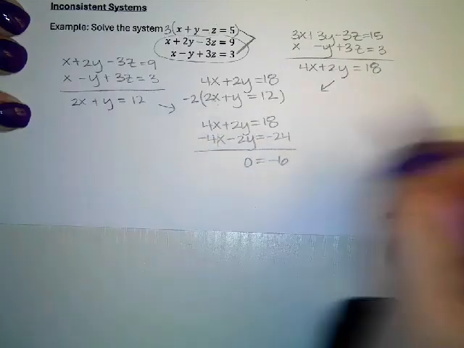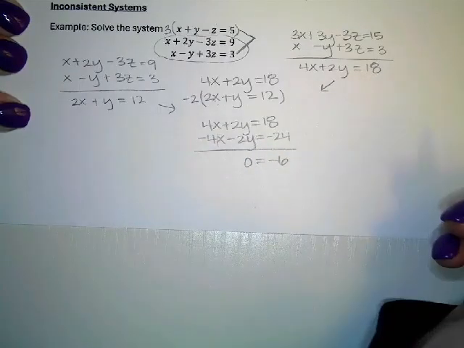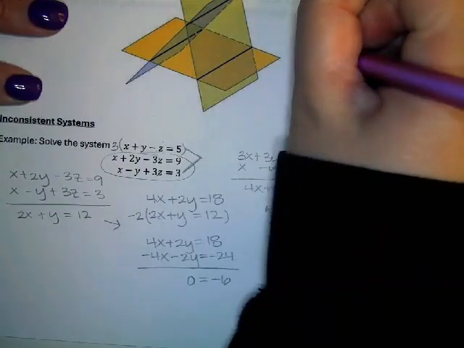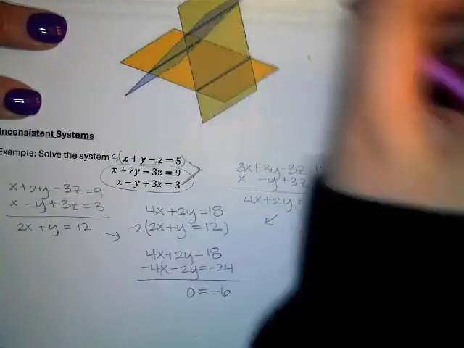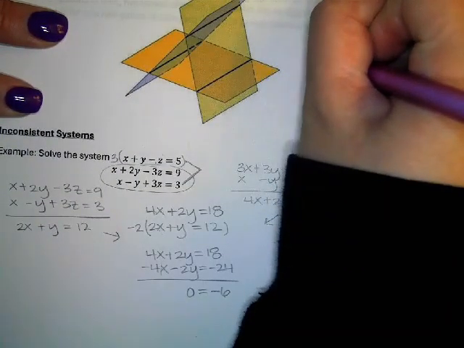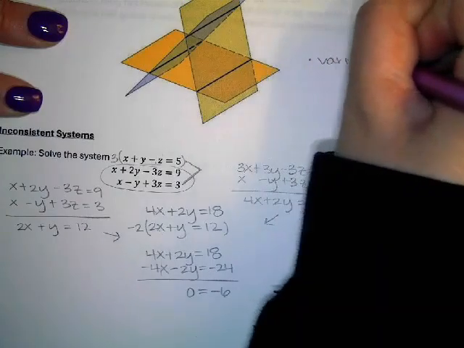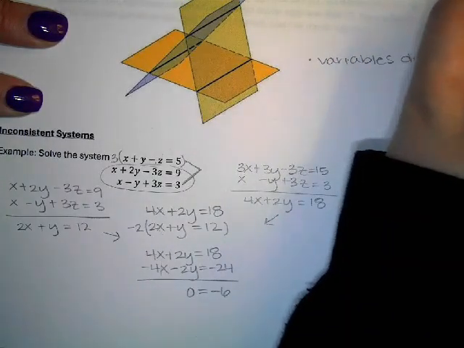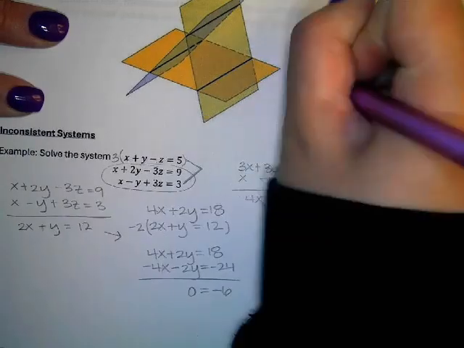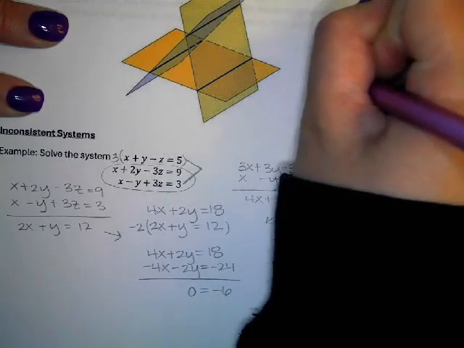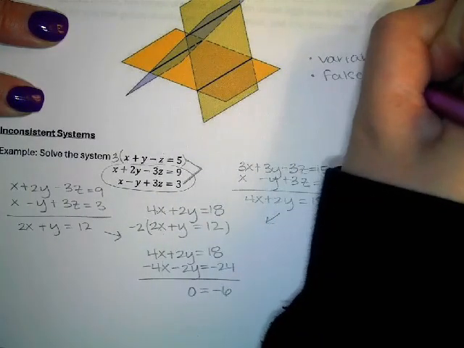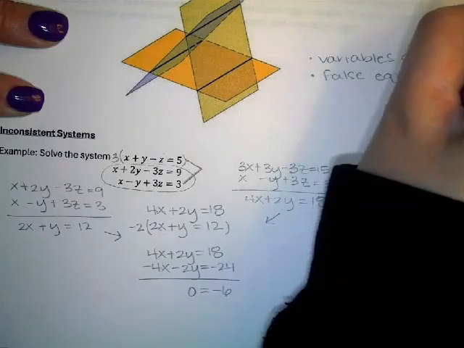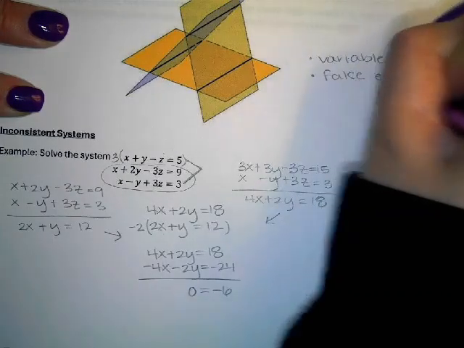Just like in section 8.1, we have variables that disappear, but we end up with a false equation. Like in this case, 0 equals negative 6. And so once this happens, we would say the answer is no solution.